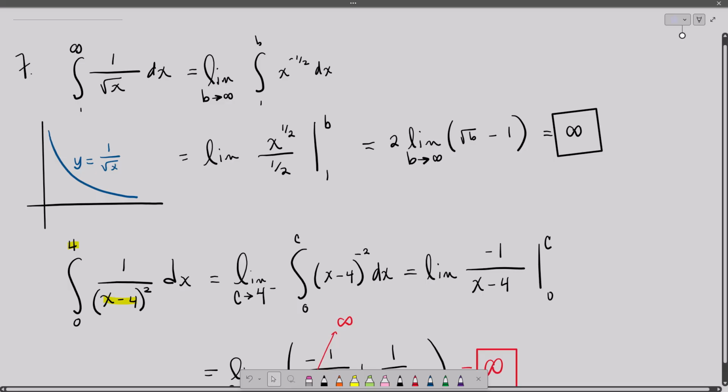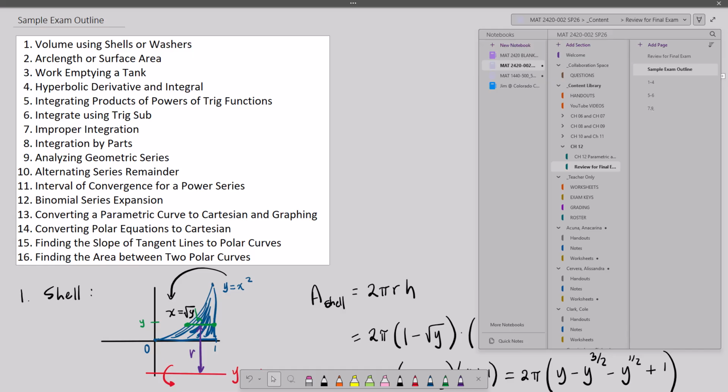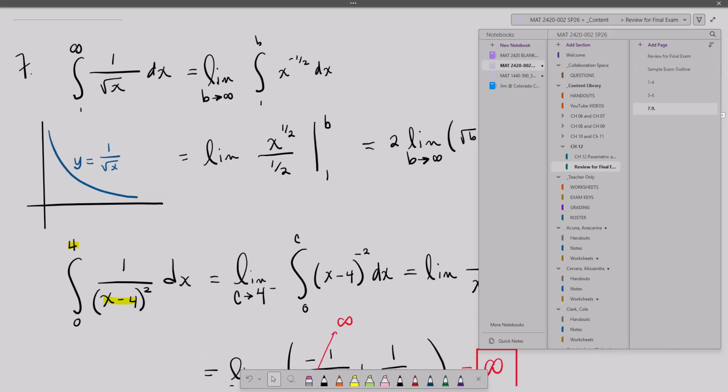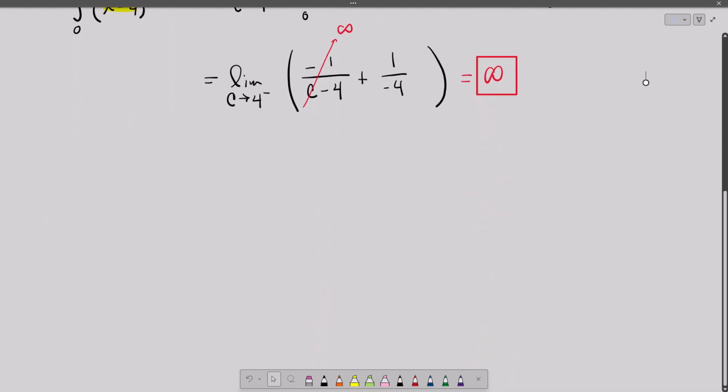Well, let's take a look at something else on our list. So that was 7. Integration by parts. All right, let's do an integration by parts.